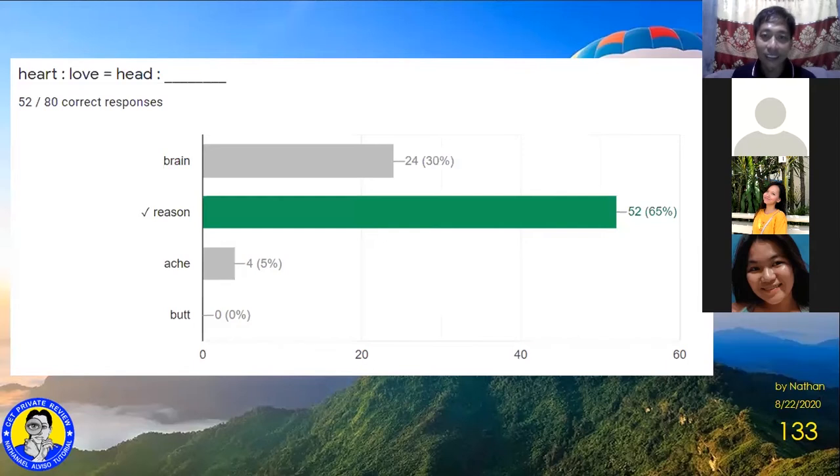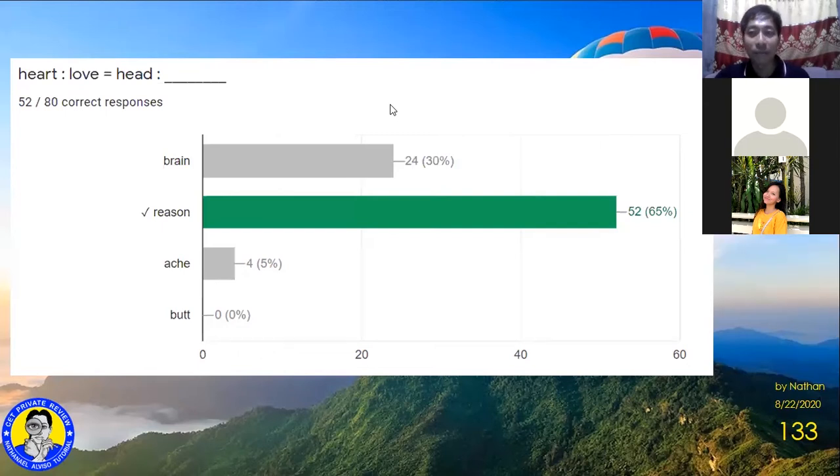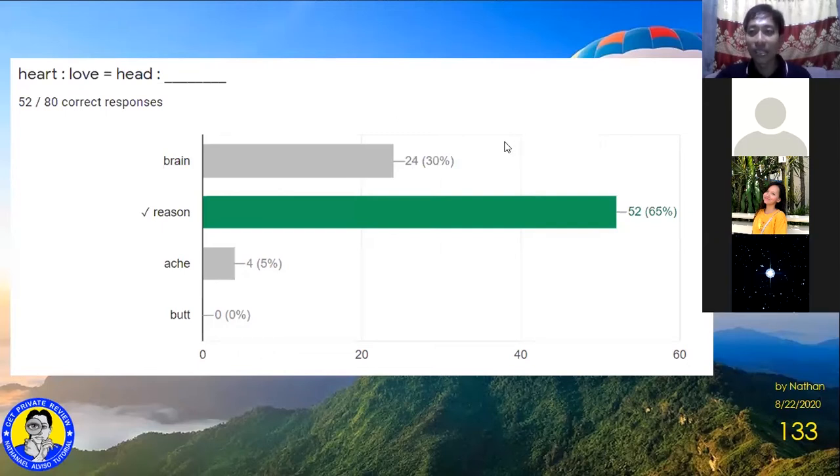But others said, or 24 of you said, we use head for the brain. Well, makes sense, because you put your brain inside your head. But again, these are the walang jowa, because the emotional people will say, will I use my head or will I use my heart?